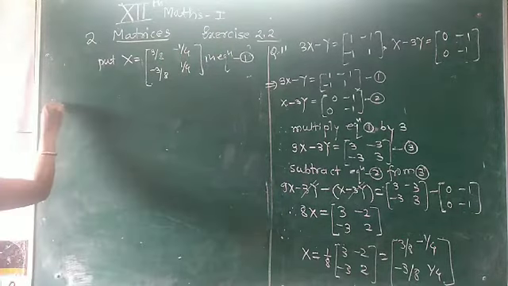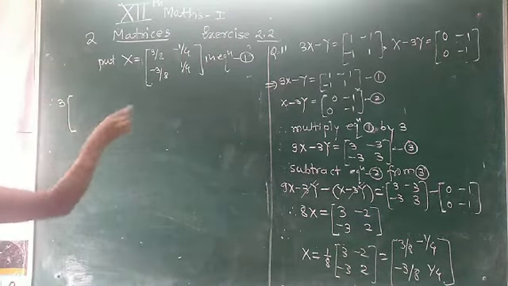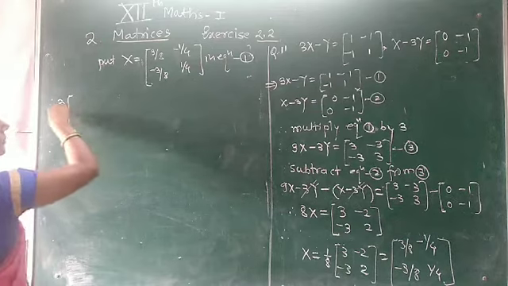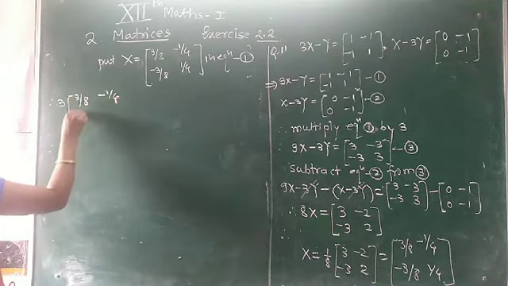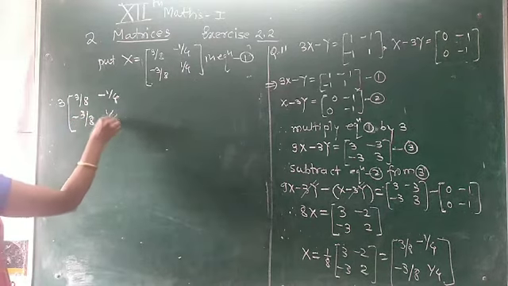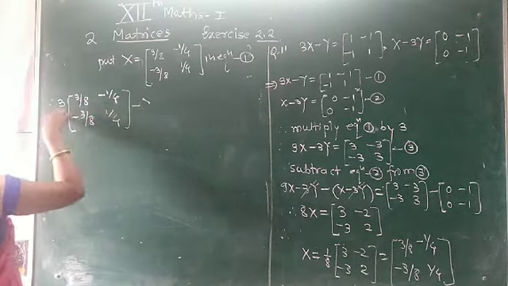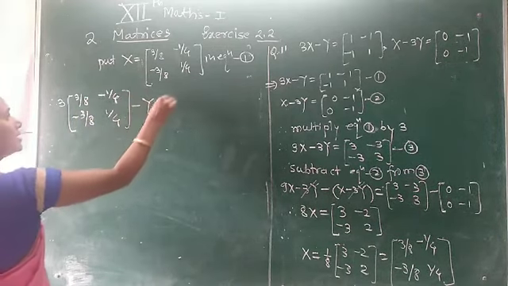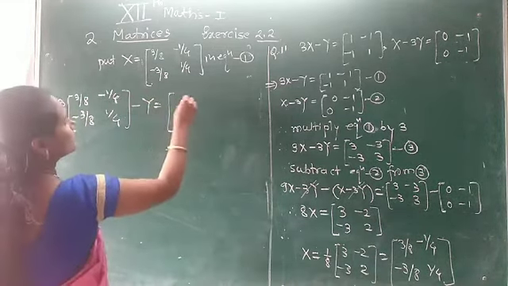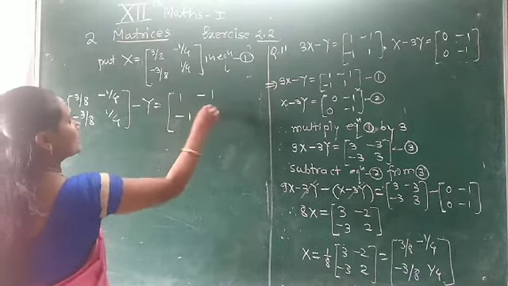Therefore we will get 3 into the value of x, 3 by 8 minus 1 by 4 minus 3 by 8 and plus 1 by 4. Instead of x we put the matrix, minus the matrix 1 minus 1 minus 1 1.